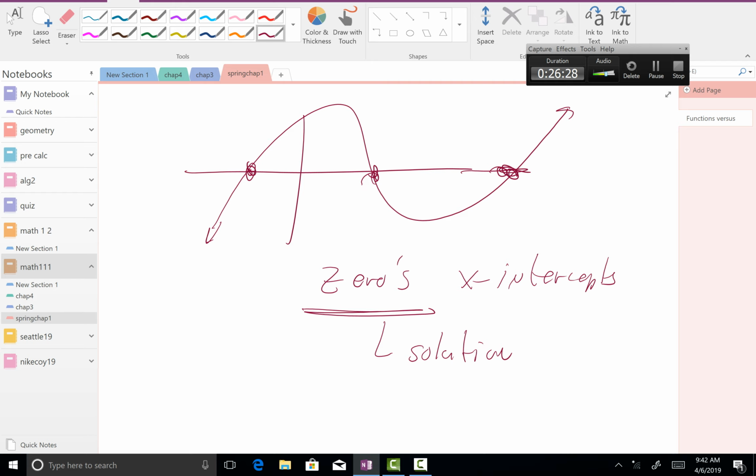I'm not going to ask you for y-intercepts because there's no reason for me to do it if it doesn't have any real meaning. Maybe when we do exponentials, but in this case, I don't know if it does too much. So they're going to give you a graph, and they're going to ask you to find all kinds of things.